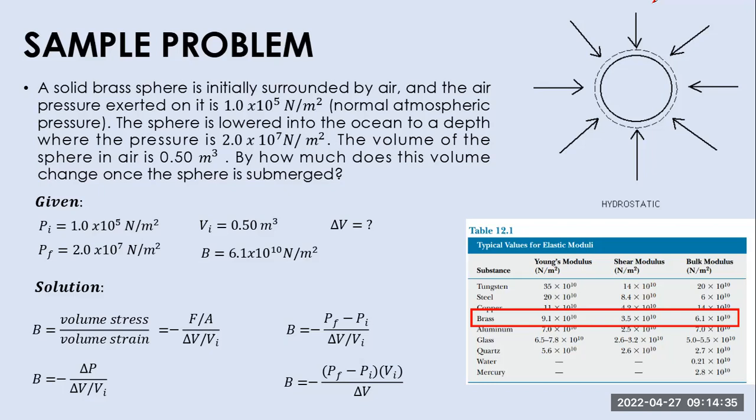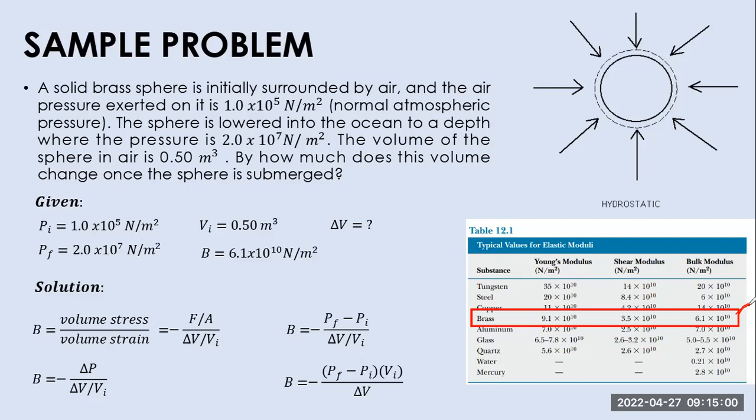And then our change in volume is our unknown. From the given table, our bulk modulus for brass is 6.1 times 10 to the power of 10 Newton per meter squared. So this is the data we will need.